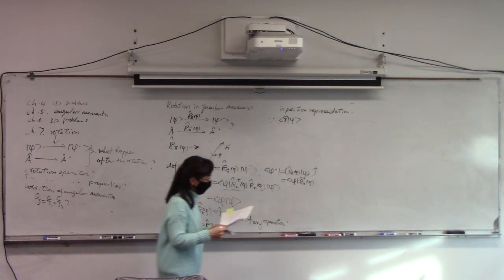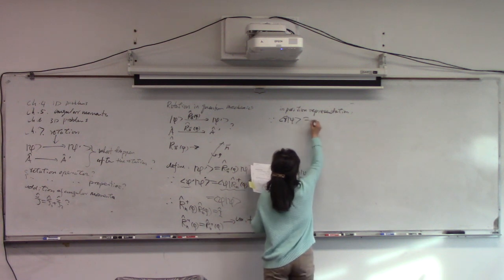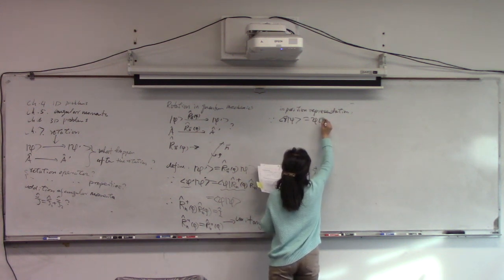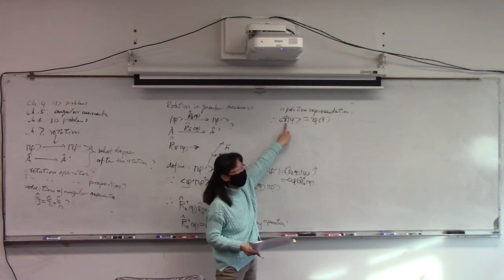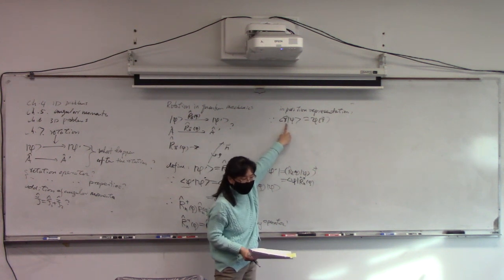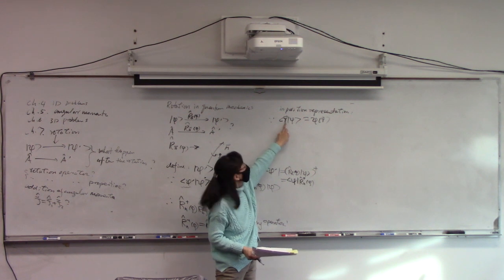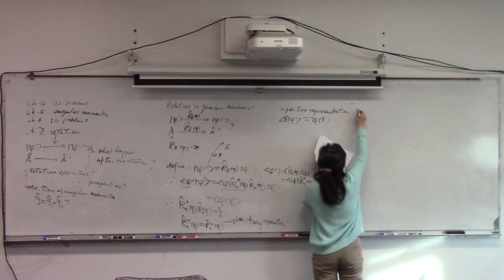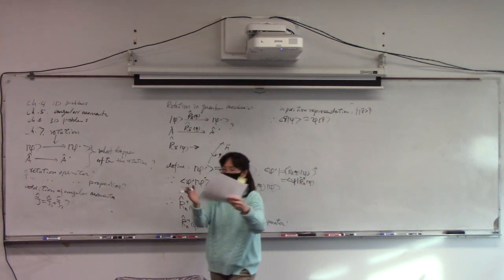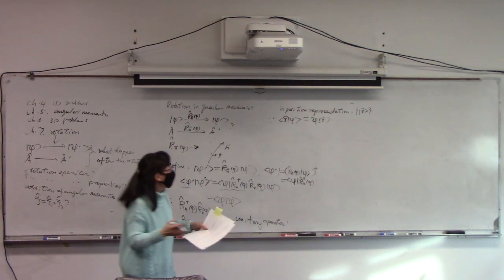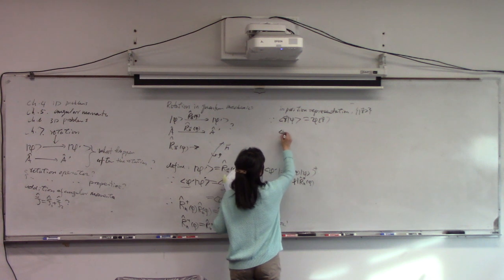Remember this? In the position representation we use the wave function, which is nothing but the ket projected onto the eigenbasis vectors, which build up the position representation. So now let's look at this one.